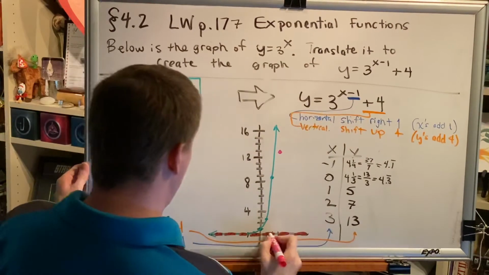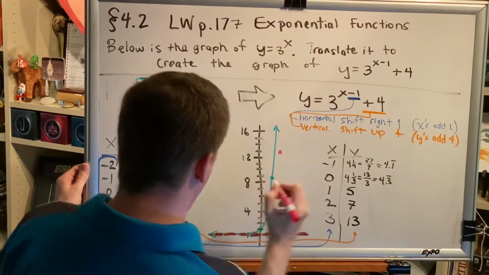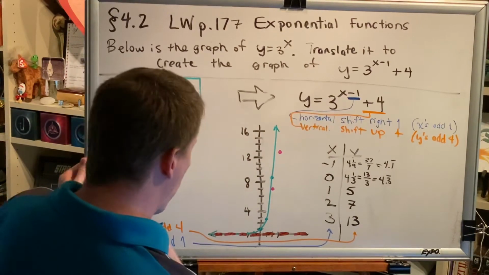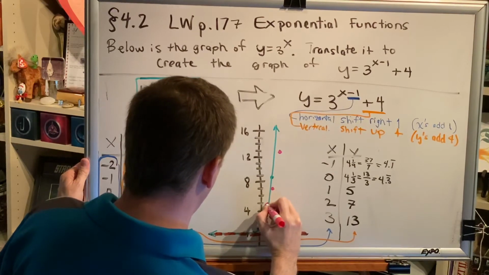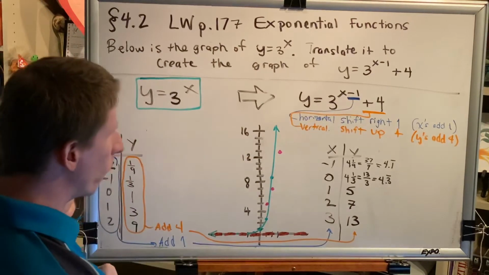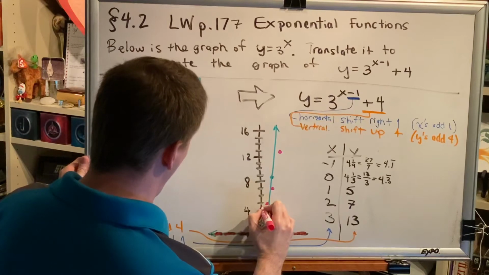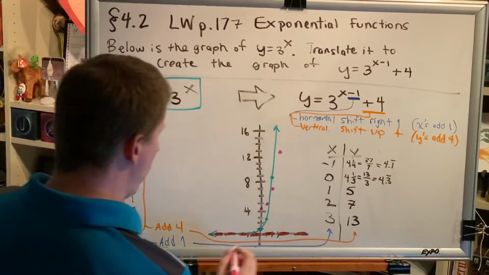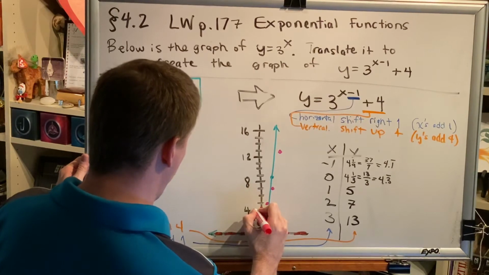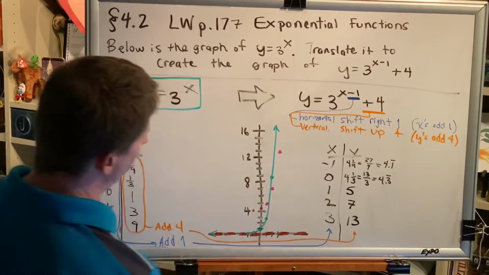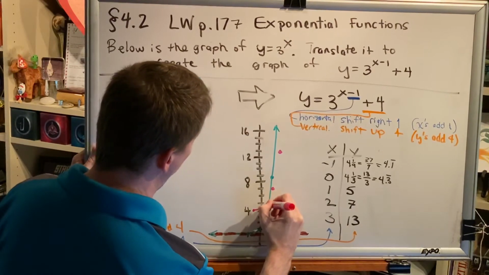All right, 2, 7 would be here. 1, 5 would be here. 0, 4.3 would be here. Negative 1, 4.1 repeating would be here. And when we connect the dots, we get the transformed graph.